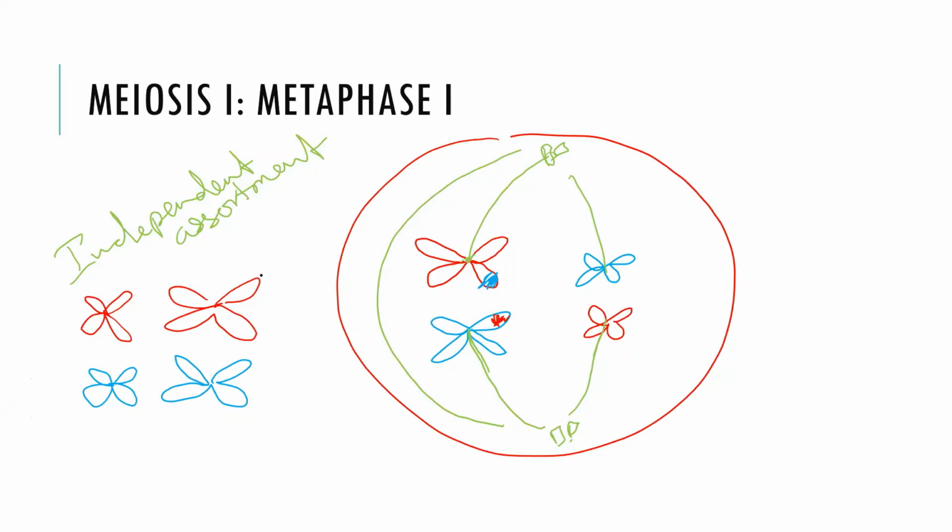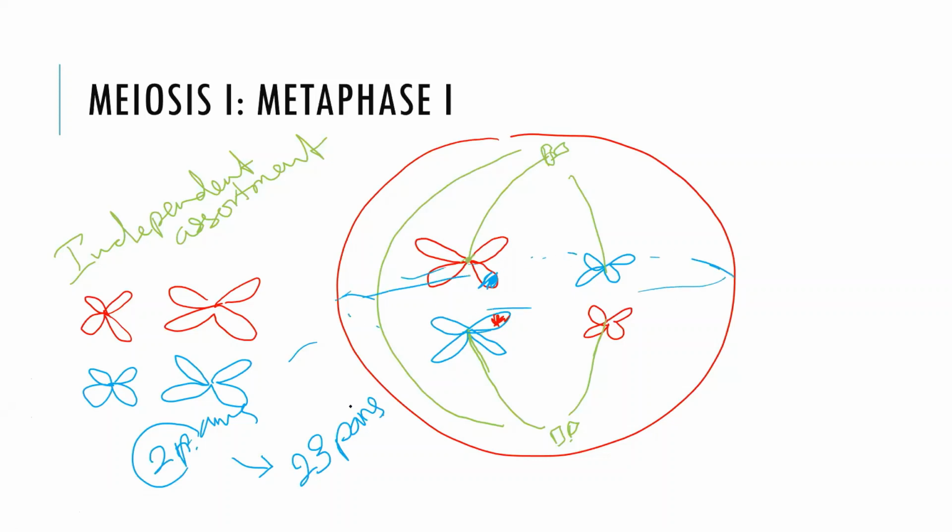So this is two. In normal human beings, you have 23 pairs. So there's a lot of combinations which could arrange in this equator. So they can be arranged in many ways. Right?